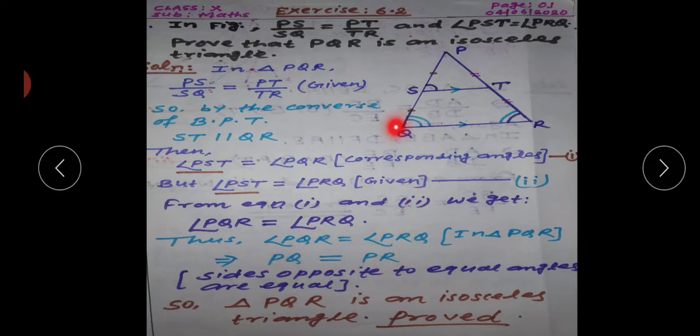The side opposite to angle PQR is PR, and the side opposite to angle PRQ is PQ. Because sides opposite to equal angles are equal, PQ is equal to PR. Thus in triangle PQR two sides are equal, hence triangle PQR is an isosceles triangle.